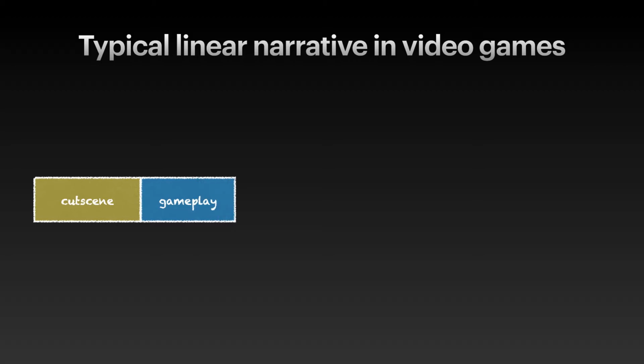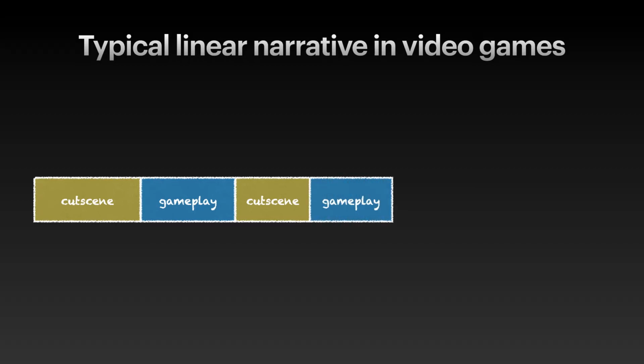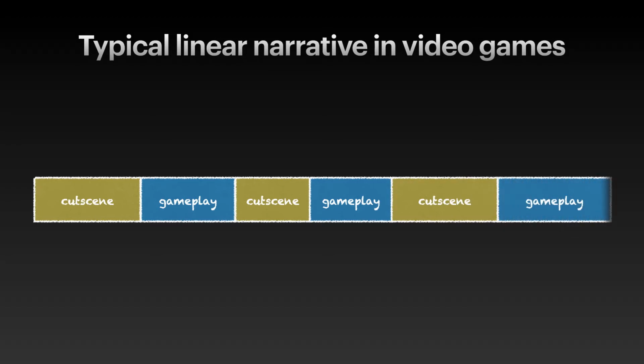At a convenient point, such as at the end of a level, the gameplay stops and the player gets to see the cutscene that takes the story further. Then the player can play again, until the next cutscene which halts the gameplay. And then the player can continue. And so on until in the end there's the final cutscene that ends the story.